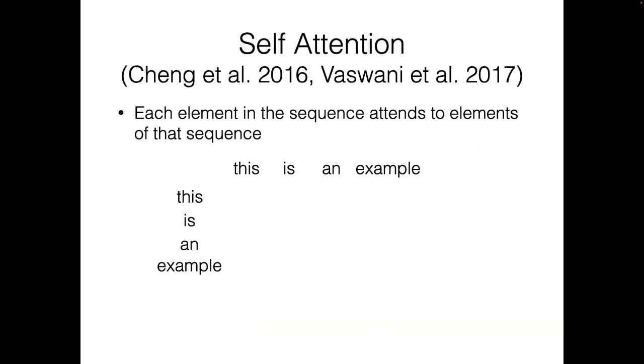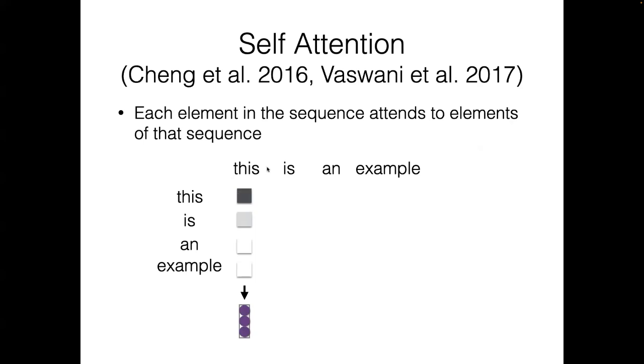So a really kind of key idea in transformers is called self-attention. So here you can notice that now we just have the same sequence on both sides. And so now we're kind of attending to the sequence itself, or yeah, self-attention.